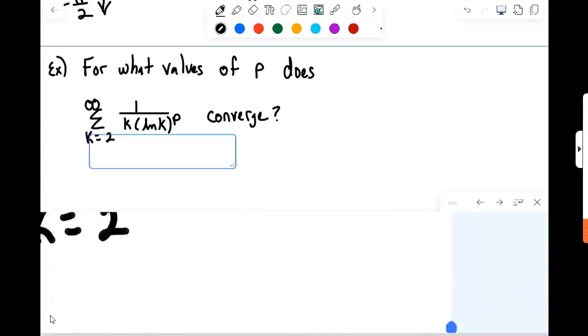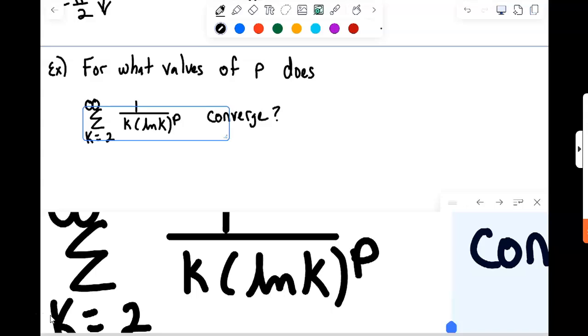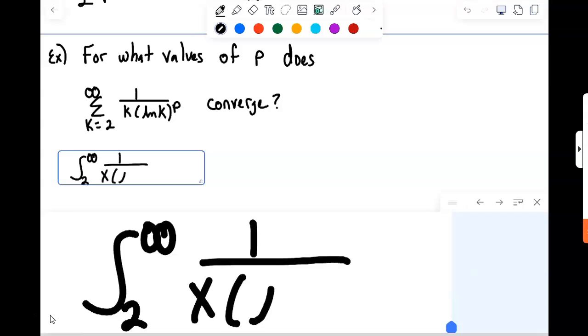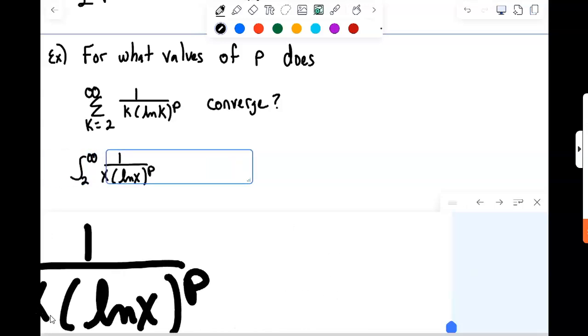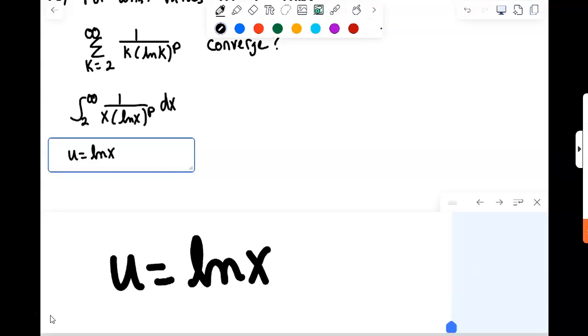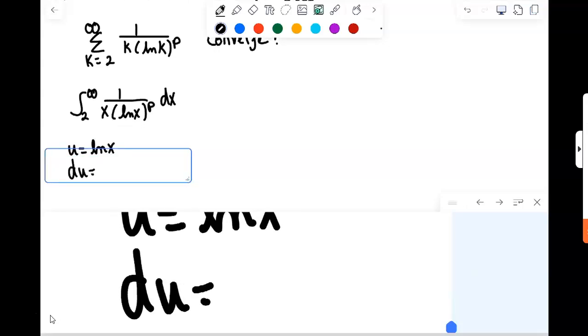So to work this out, we start by setting up our integral test. Integral from 2 to infinity of 1 over x, ln of x to the p, dx. We would use the substitution here: u equals ln of x, du equals 1 over x dx.